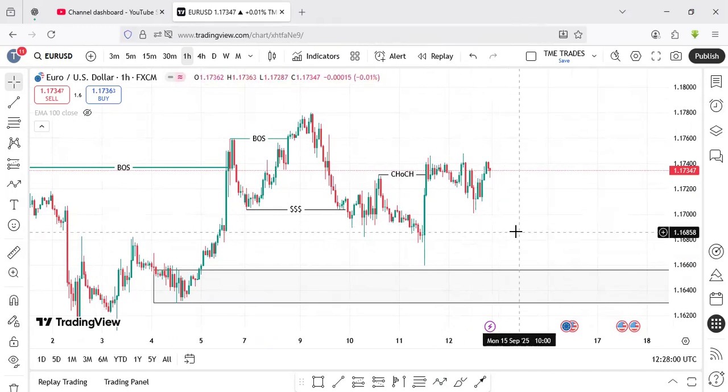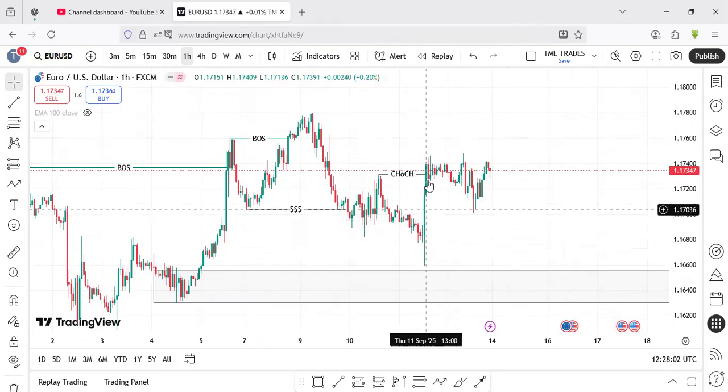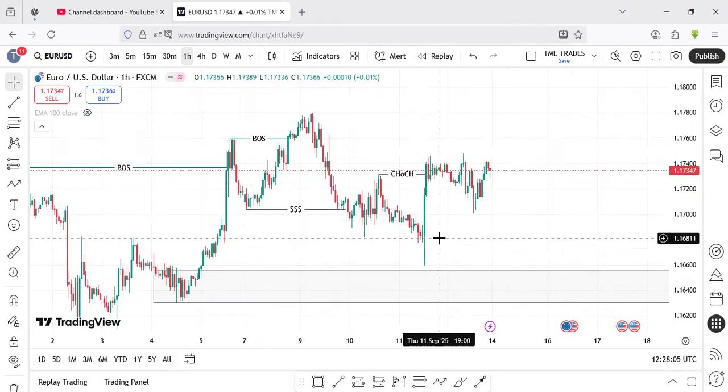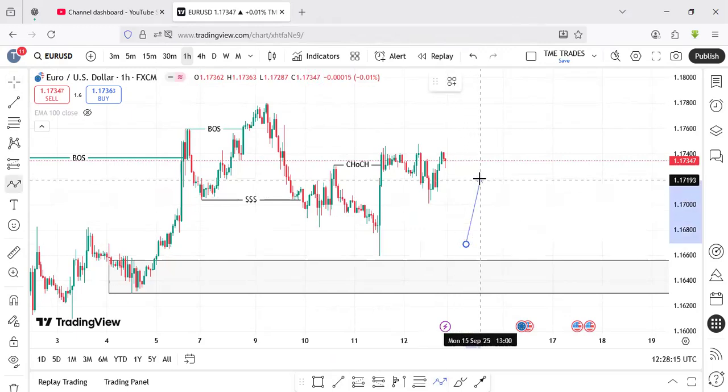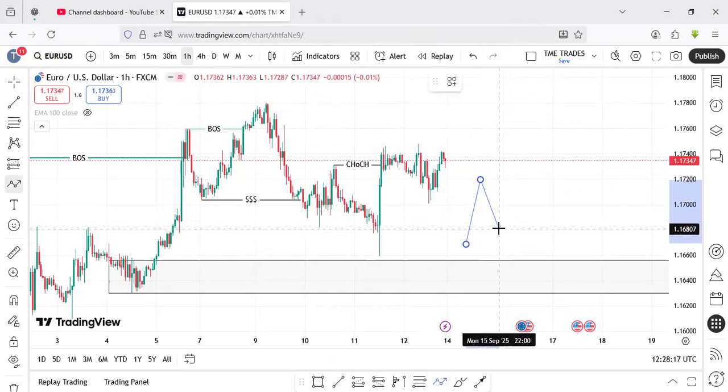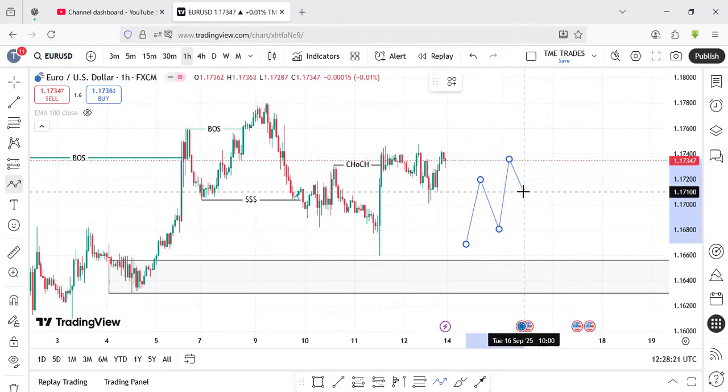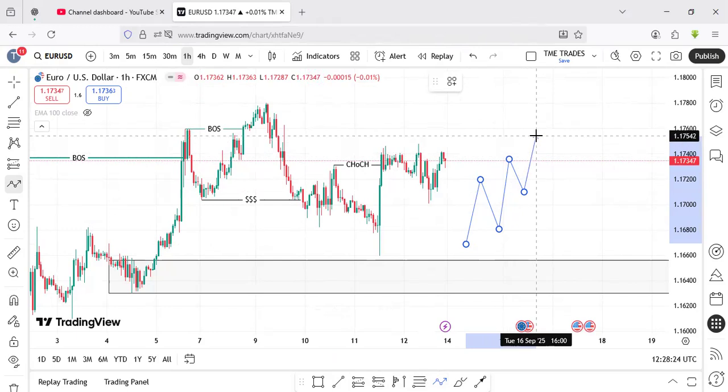Now, remember, after the change of trend, creating a higher high, the market has created an internal liquidity pool that needs to be taken. Let me say that again. Whenever we have something like this, after creating a higher high, the market will create a higher low, then create another high.